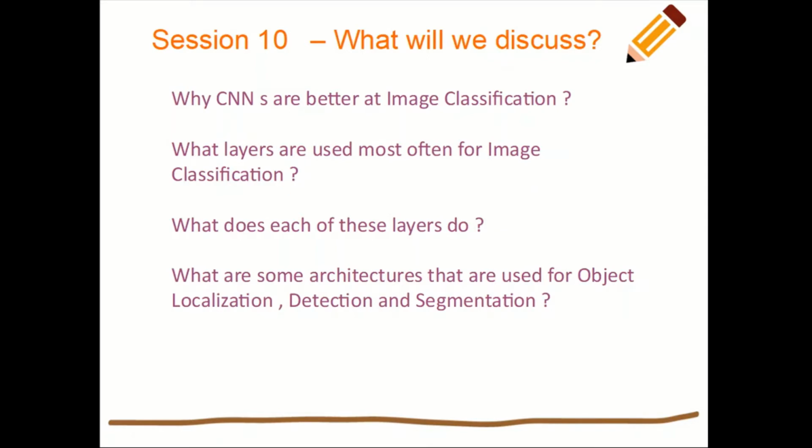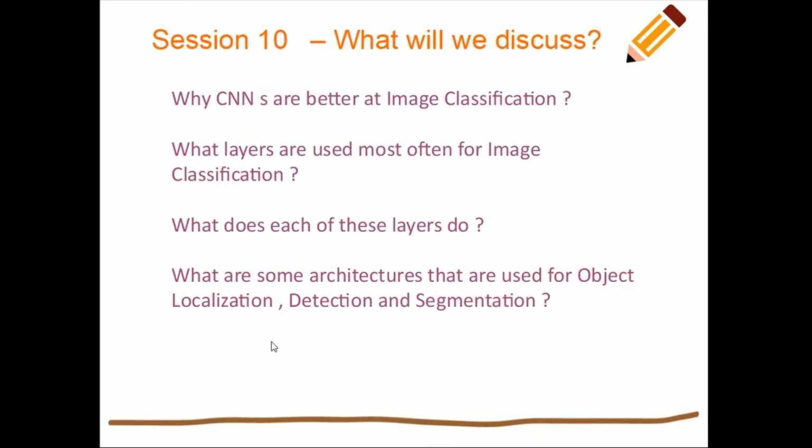So more specifically, we'll talk about a few questions. The first question that we'll explore is why CNNs are better at image classification. The second one, what layers are used most often for image classification, and what does each of these layers do, and what are some of the architectures that are used for object localization, detection, and segmentation.